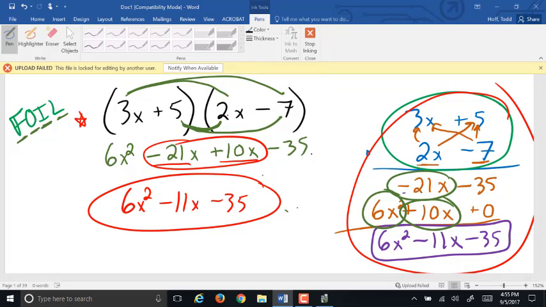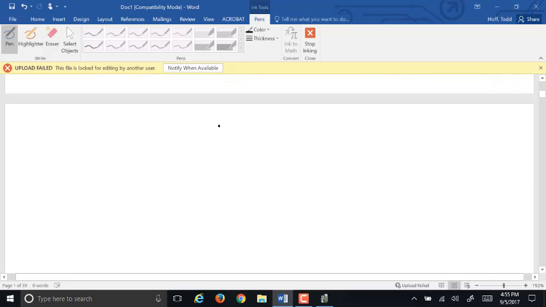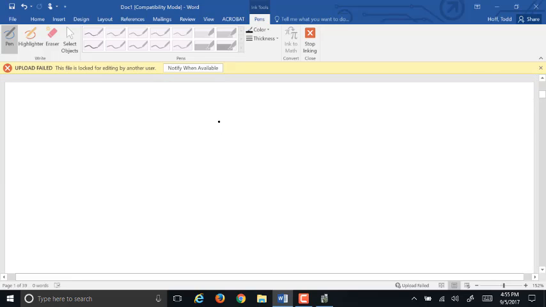Okay, let's look more at division. We've divided the single digit numbers. I want to move up into multiple digit numbers.